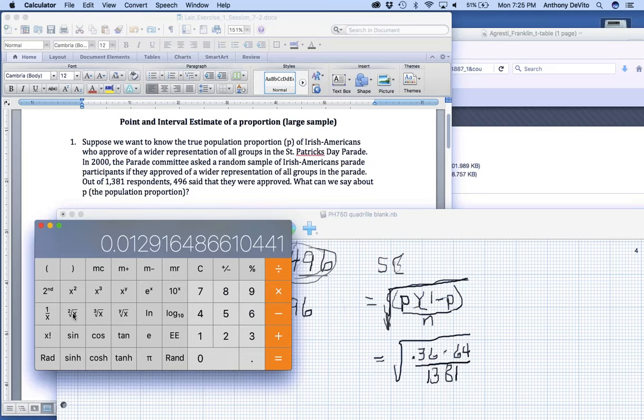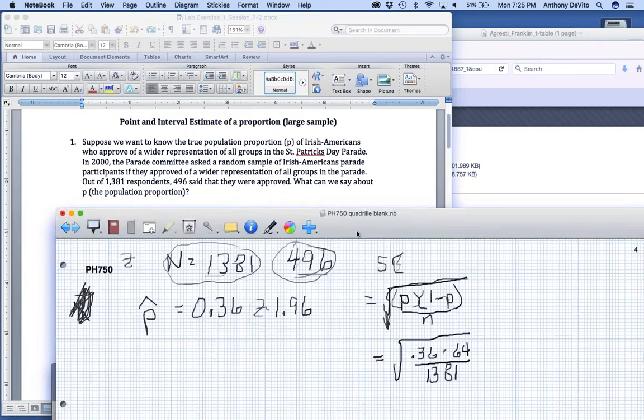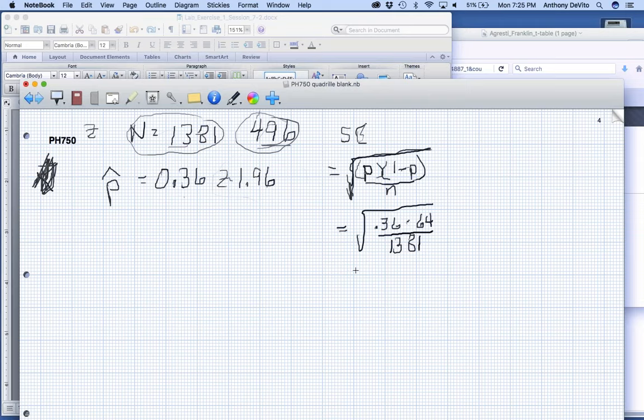Now it's actually 0.0129. I'm going to call that 0.013, which is 1.3%. So my standard error is equal to 0.013. So what is my 95% confidence interval for the true proportion P?